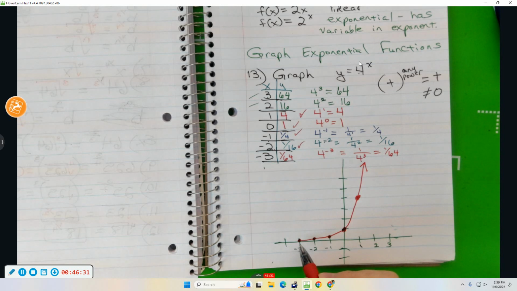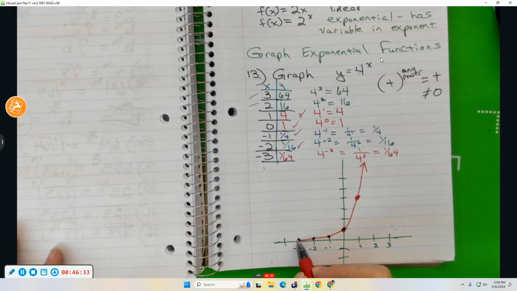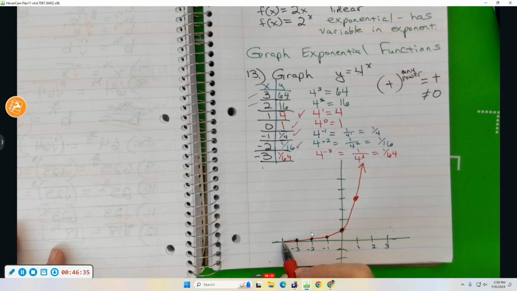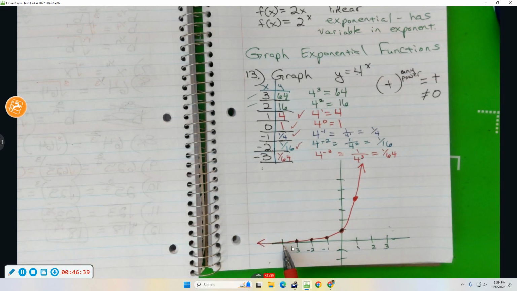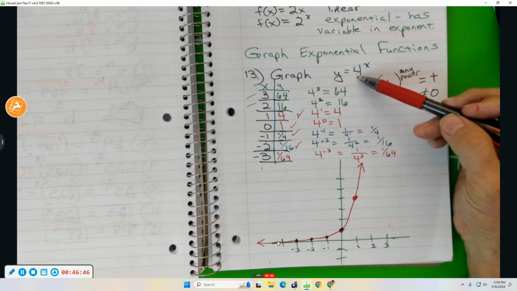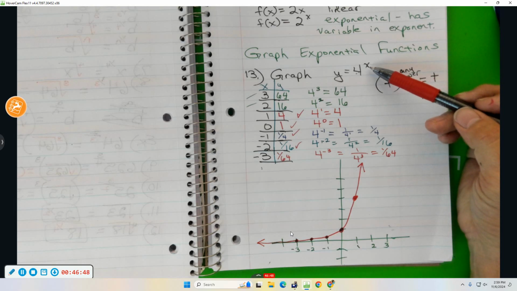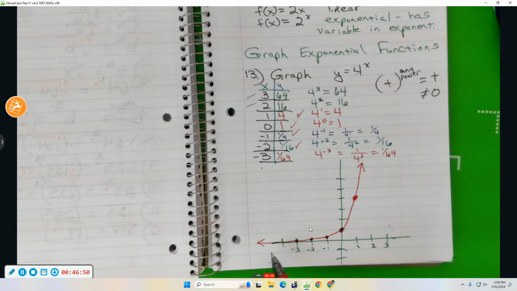Now on the left side, the graph continues going on and on forever, and to the naked eye it's going to look like it's sitting on top of the x-axis. But technically there's always a tiny bit of space, because a positive number to any power will always be positive, not equal to 0. It's not going to be a flat 0.